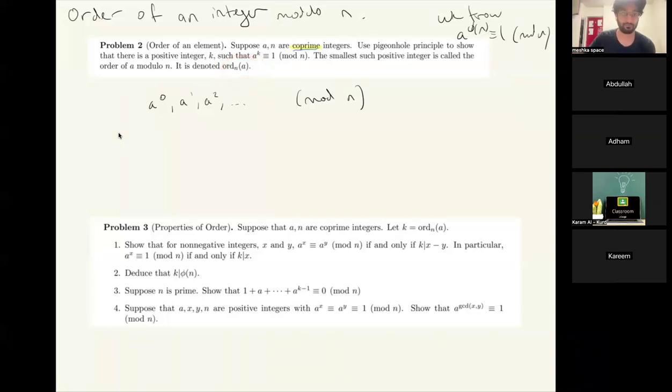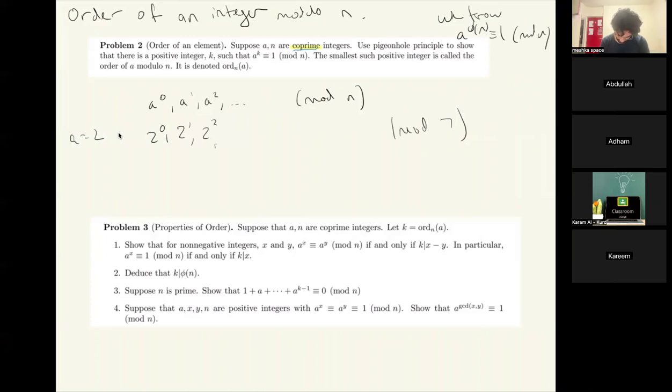So it makes sense. What is the order? Let's do an example. Let's take mod 7 and a equal to 2. It's an odd prime. We write down the powers of 2 and see the first one that is congruent to 1.